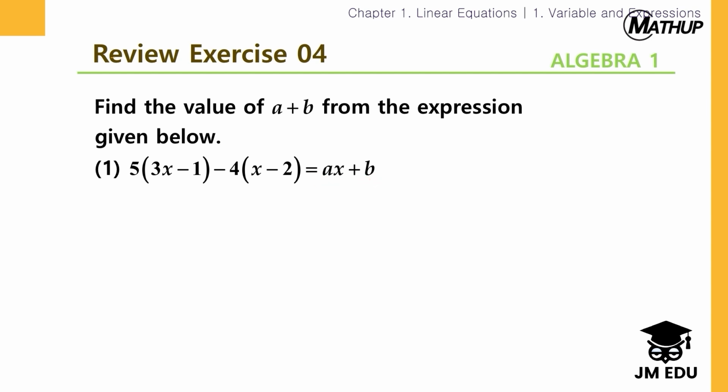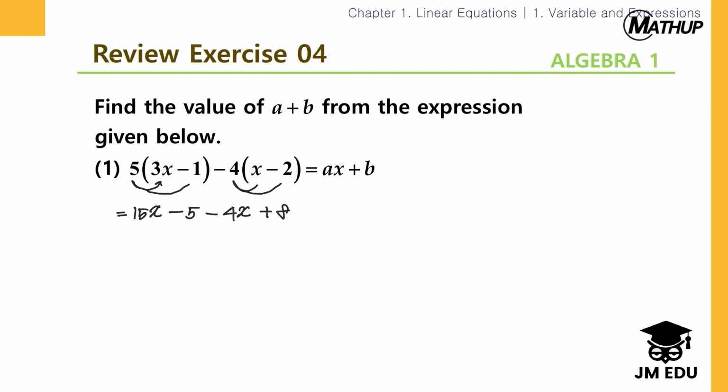Okay, let's do this. So 5 times 3x, that's 15x. 5 times negative 1, that's negative 5. Negative 4 times x, that's minus 4x. Negative 4 times negative 2, negative times negative, positive, right?